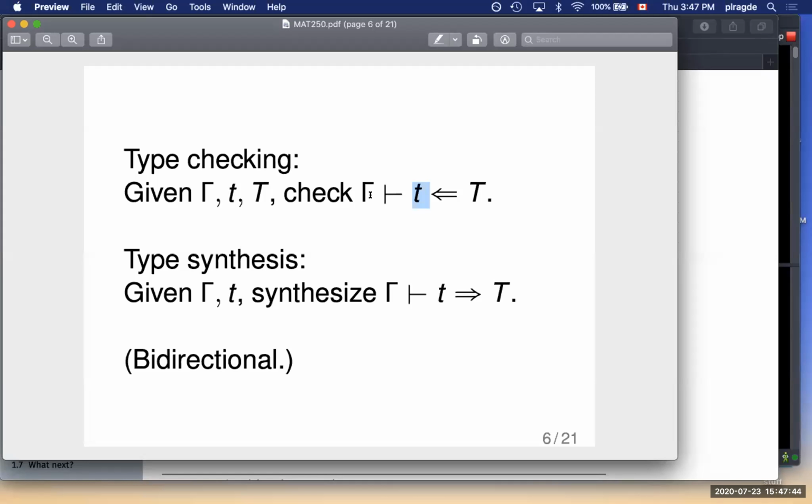Wait, so in some sense, the process of checking that all your variables are defined is like type checking? The process of checking that all your variables are defined is something that has to do with contexts. Now, types are not explicit in Racket, and Racket is not a typed language.